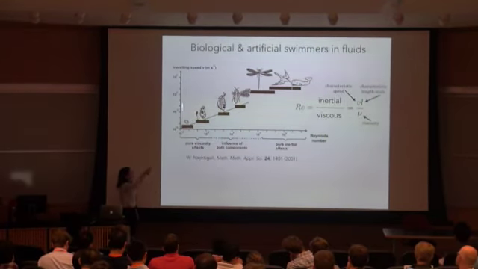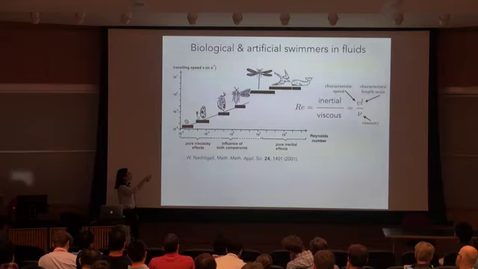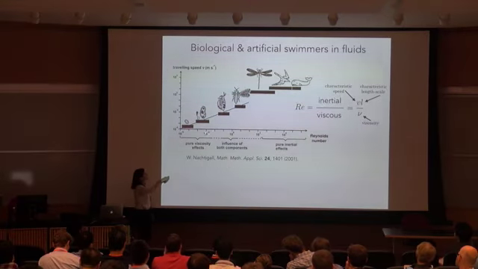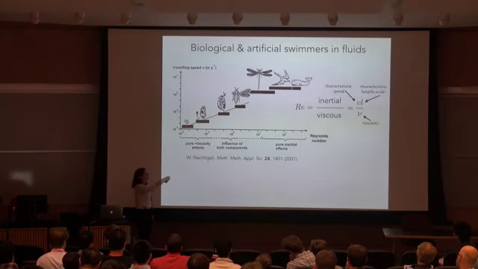If we do that, we get this plot of the Reynolds number, and we notice two things. One is that in nature, the Reynolds number of organisms spans more than 10 orders of magnitude. We can also identify three regimes.